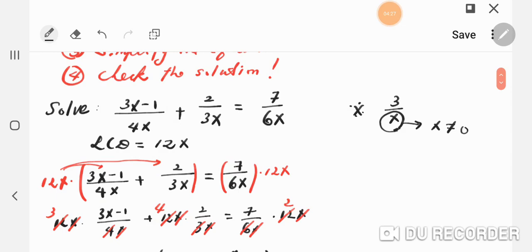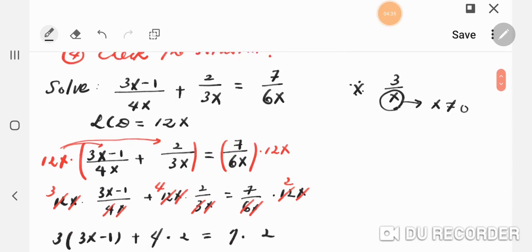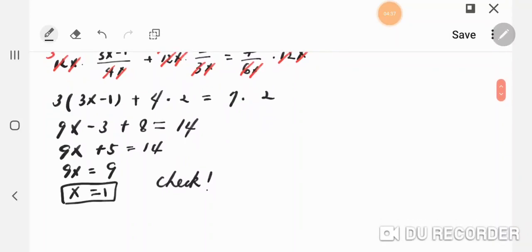As long as all those x values that we found do not make the denominator 0, it is okay. Since x equals 1 does not make the denominator 0, x equals 1 is the solution.